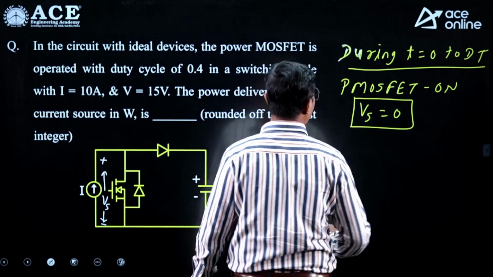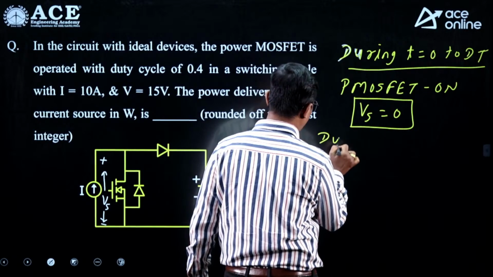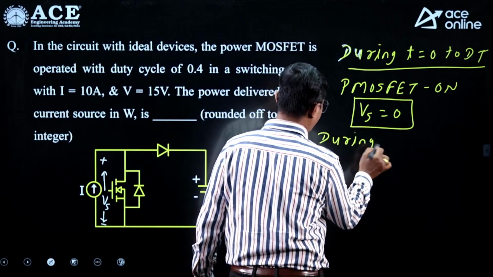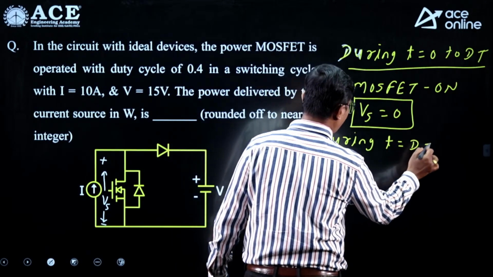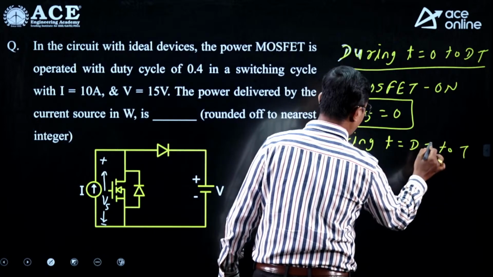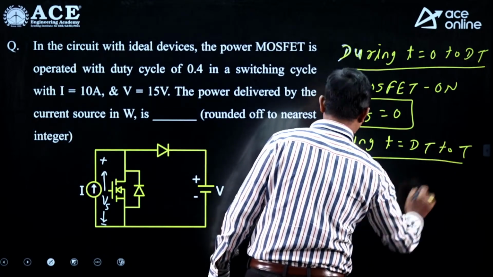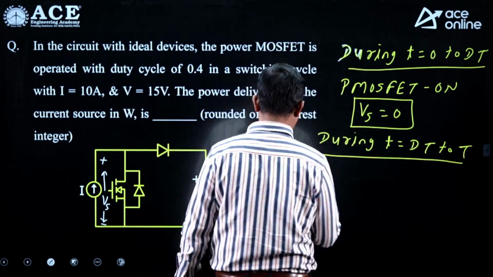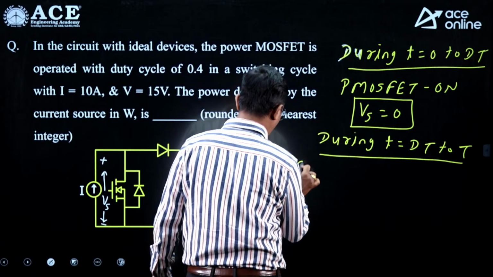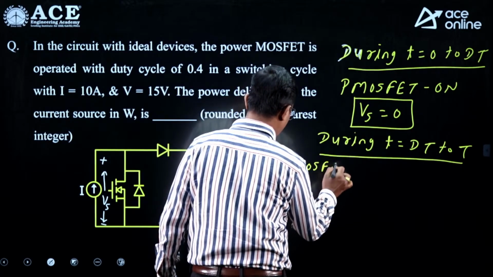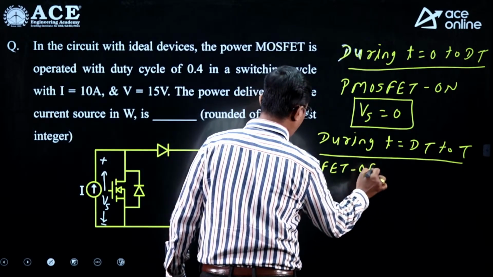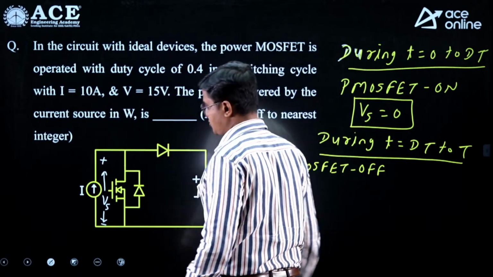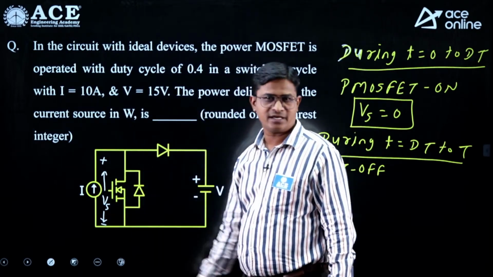Next, during t equal to dt to t, MOSFET will be in off state. Power MOSFET will be in off state, right? So MOSFET off means this is acting as an open circuit, na?